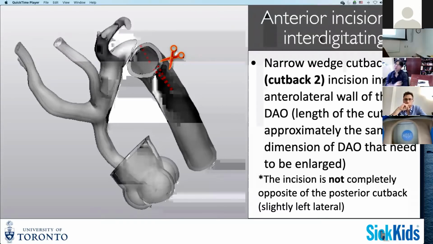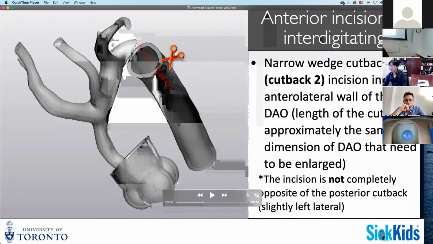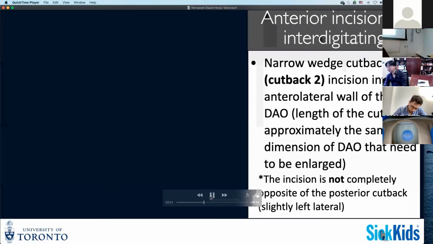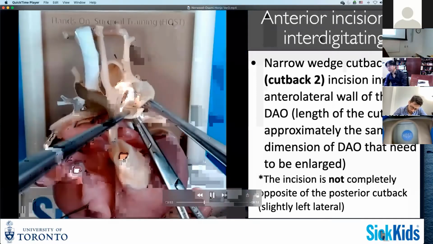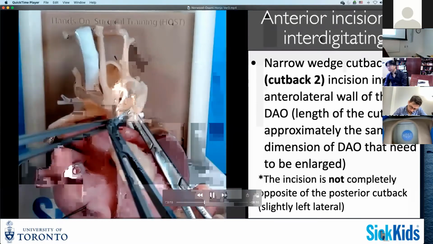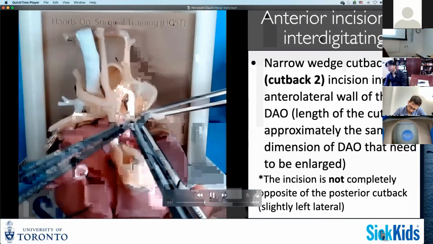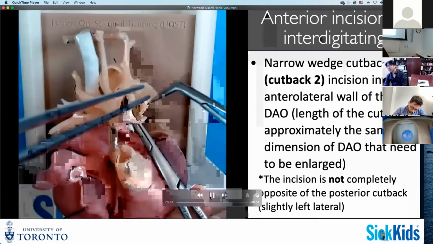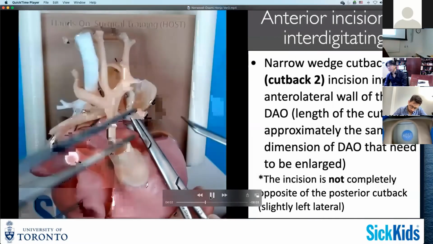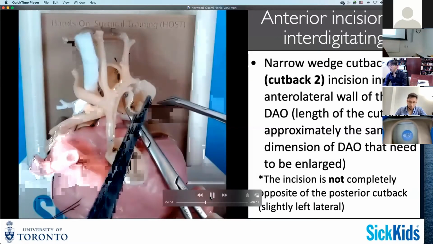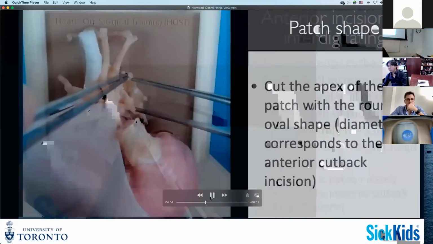So it's almost 180 from this posterior incision, but I cut a little bit lateral to make the anastomosis a little easier. So that's the incision there. And cut out the wedge, so that it will be kind of nice wedge.